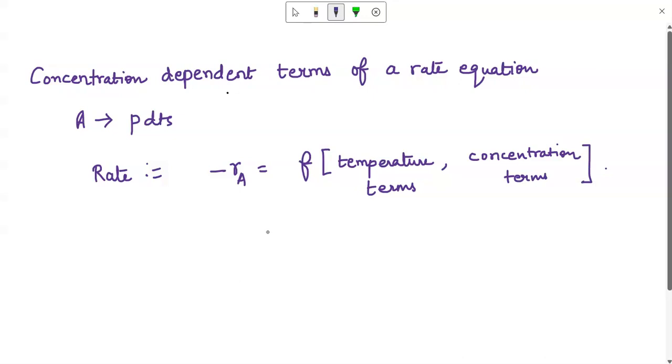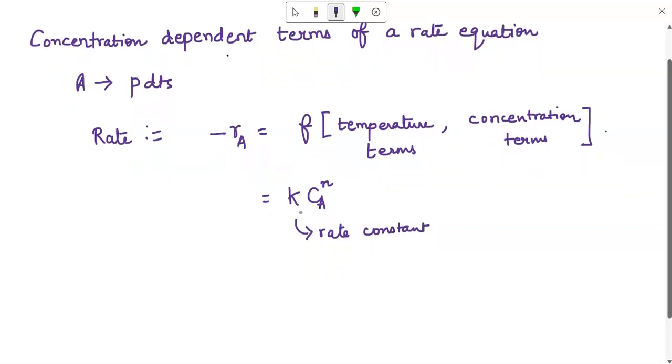For example, the rate of a reaction can be written as kCa to the power, say, n. Now this k over here is called the rate constant. Now how do we relate these concentration dependent terms of a rate equation?